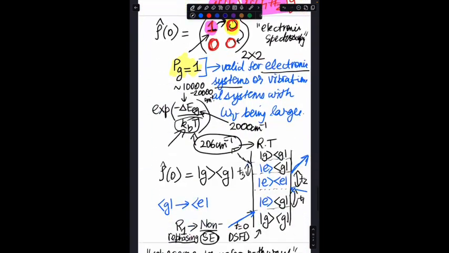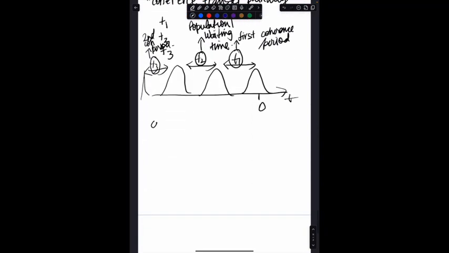So what you have to do is construct, homework, I would say, the double-sided Feynman diagrams for R2, R3, and R4.